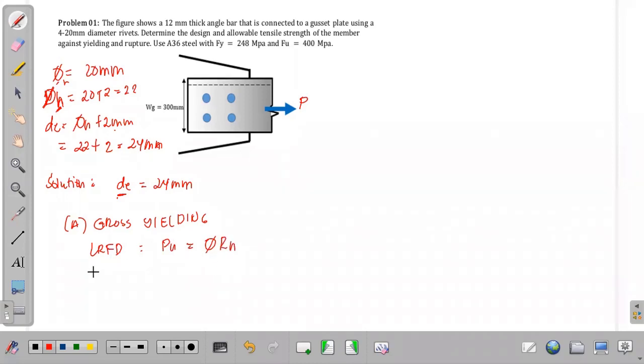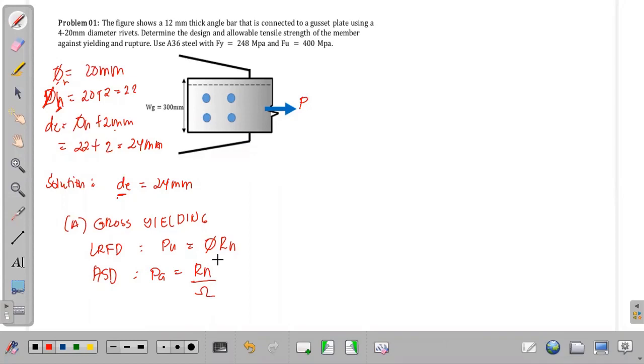Yeah, from the code. And for the ASD, yung ating Pa is equal to the Rn over the omega. Okay? So I hope na ma-remember nyo pa yung lecture discussion natin last week.